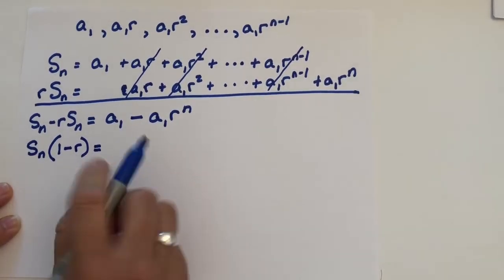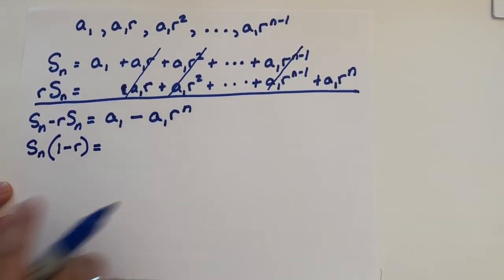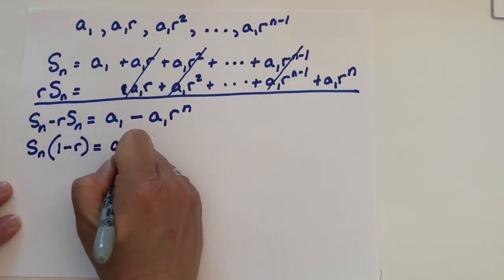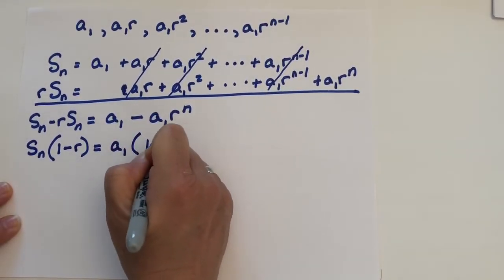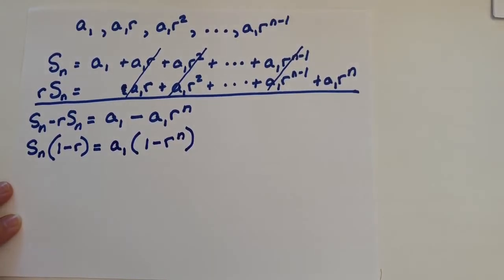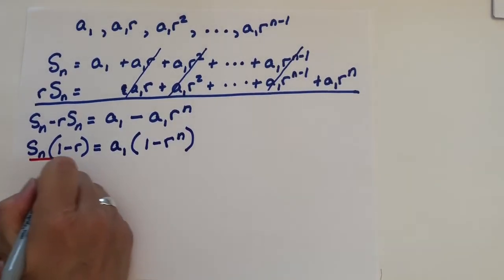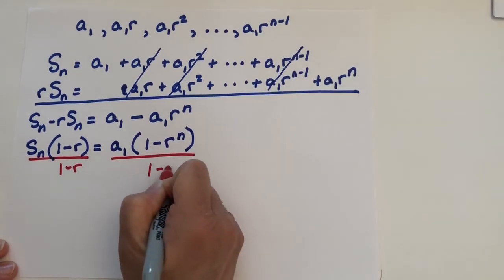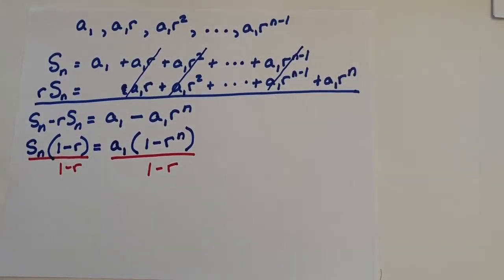And on the right-hand side, I could leave it that way, or I could factor out the a sub 1. I prefer to factor out the a sub 1, so I'm going to do that. And finally, we're going to divide both sides by 1 minus r. And we'll have this.